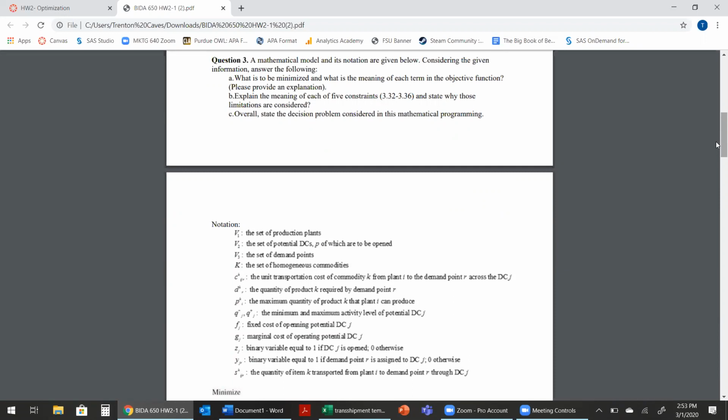We're given the linear programming formula and are told to interpret the formula. So it's really testing that you understand how the linear programming formulas are created and being able to interpret the notation that somebody else has provided.